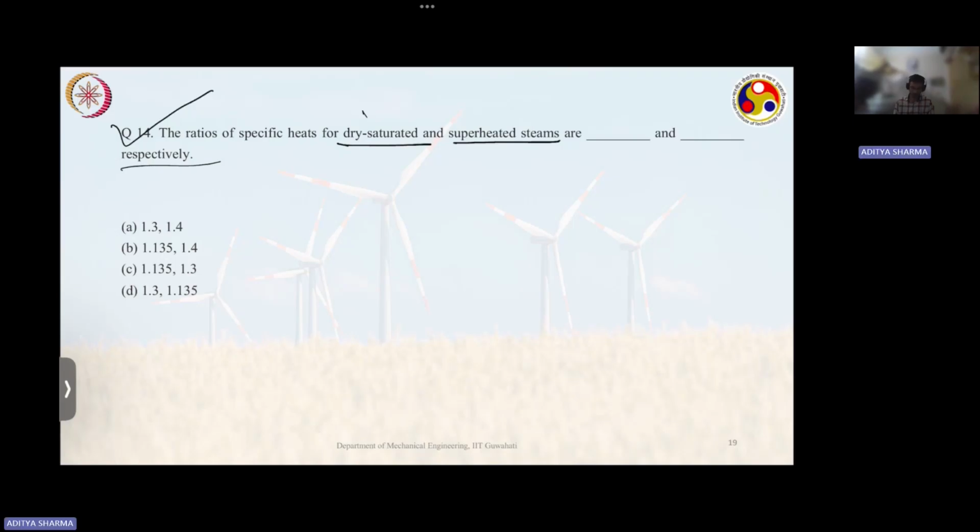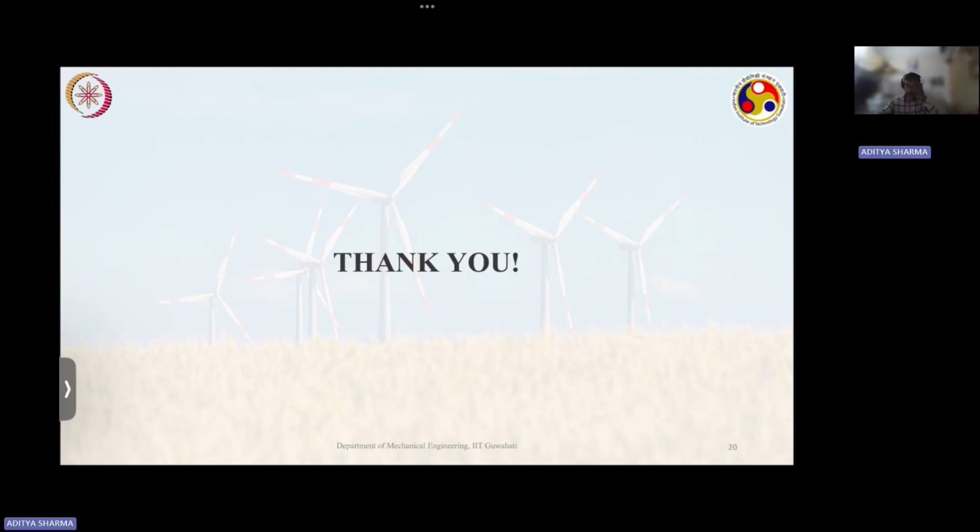So for dry saturated, the specific heat ratio is, and for your superheated steam, this is 1.3. Okay, so if you see the options, C option is the correct option. Okay, so this was it about your tutorial number 5.